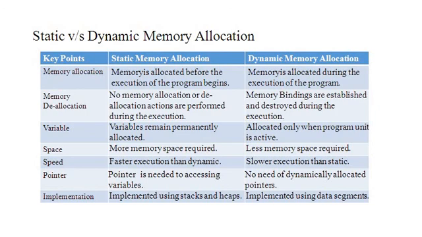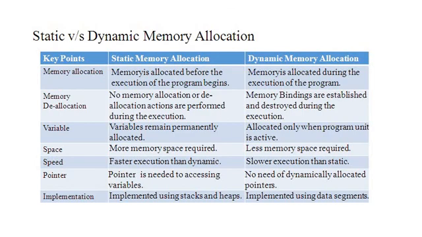Dynamic memory allocation is slower compared to static memory allocation. In static memory allocation, a pointer is needed for accessing variables, while in dynamic memory allocation, there is no need of any dynamically allocated pointers. Implementation uses stack and heaps in static memory allocation, while dynamic memory allocation is implemented using data segments.